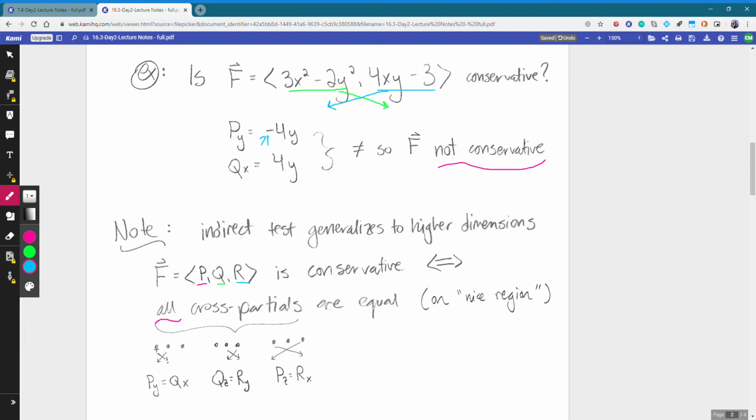All right, so if we choose x and y, we get this cross partial to think about. If we choose y and z, we get this cross partial to think about, right? The partial of our y component with respect to z needs to equal the partial of our z component with respect to y. And lastly, if we choose x and z, then we have this cross partial that needs to be equal.